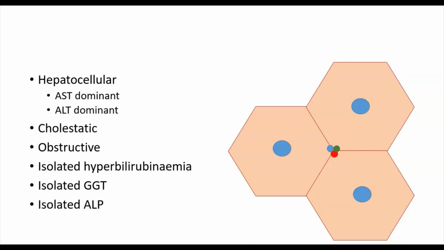This mechanism, along with the ALT reduction because of pyridoxine or B6 deficiency in chronic alcohol abuse, is the reason why AST is markedly greater than ALT, particularly in alcoholic liver disease.